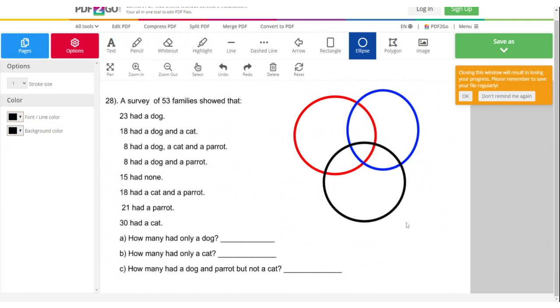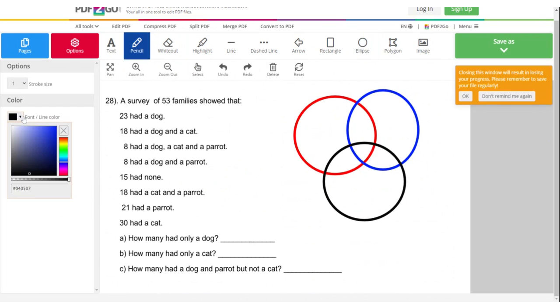There we go. All right, so dog, cat, goat, or parrot, whatever it is. Yeah, parrot. You've got to find the best place to start. Usually with these in ALEKS, and this is an ALEKS problem.